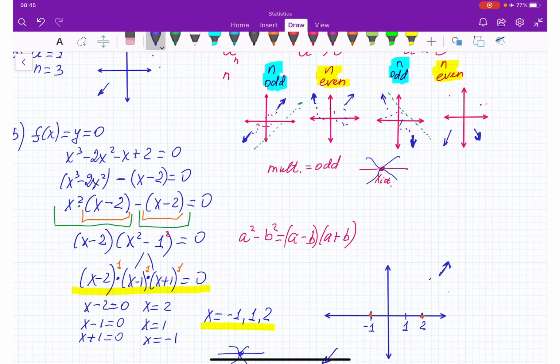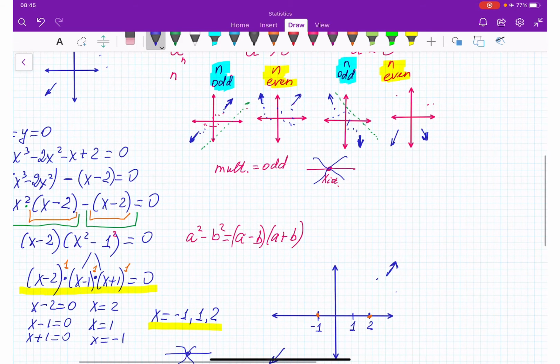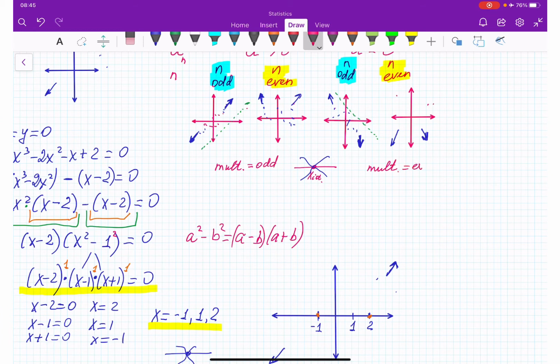We don't know yet. But if multiplicity is even, then at this x-intercept the graph is going to curve, turn around this way or this way.